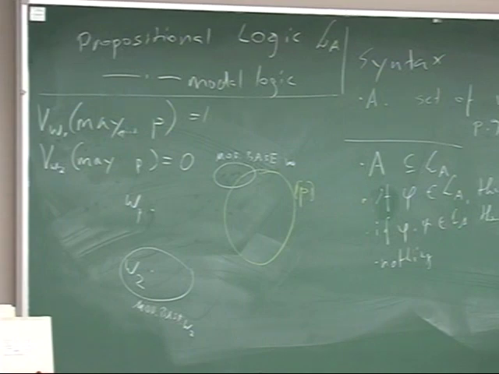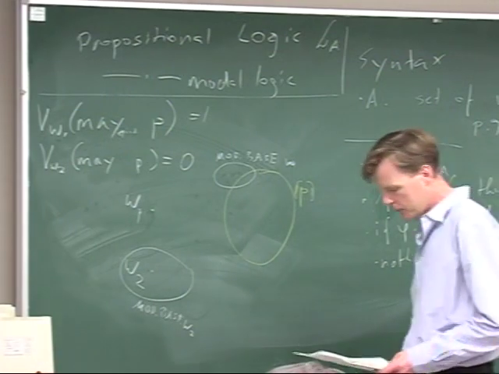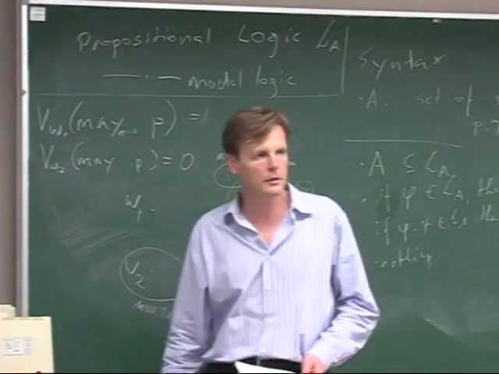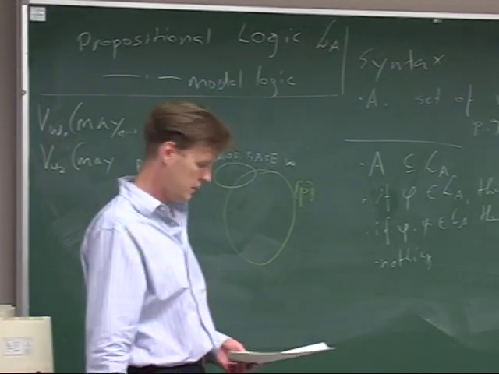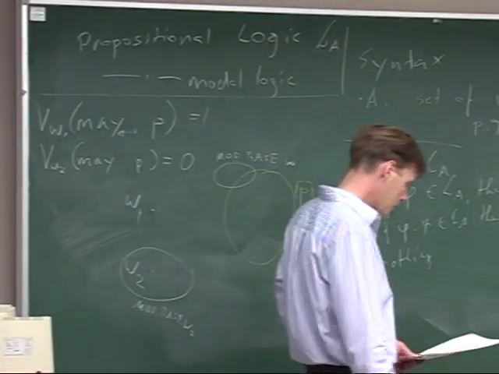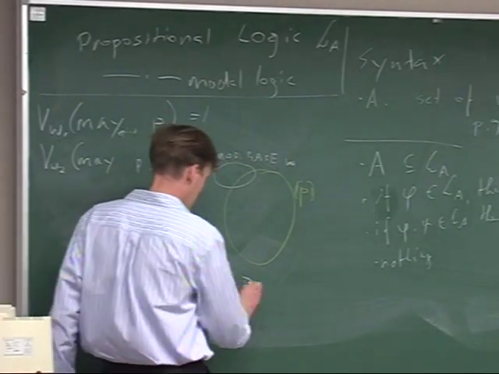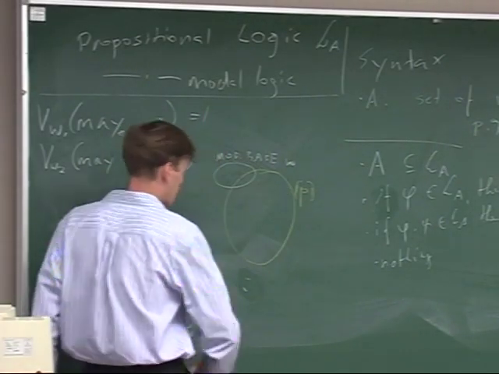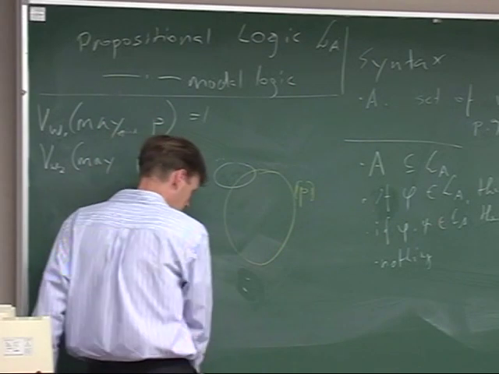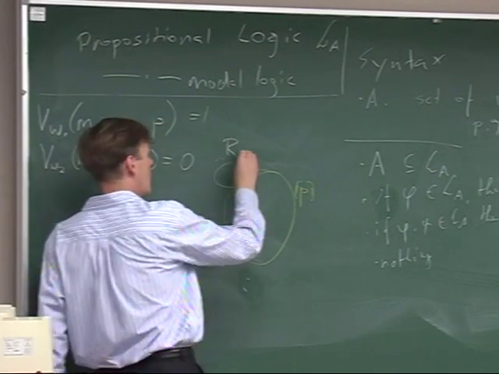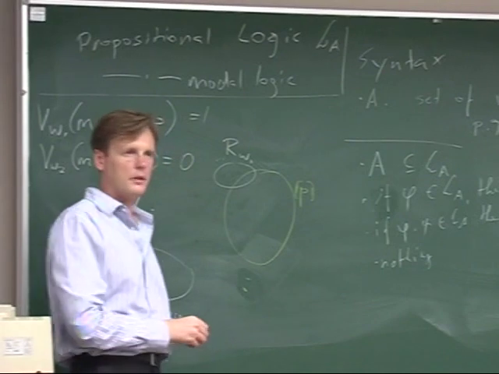That is a cumbersome way of saying it's a function from worlds to sets of worlds. So where I wrote modal base for W1, this is simply R(W1). Let's just write that.